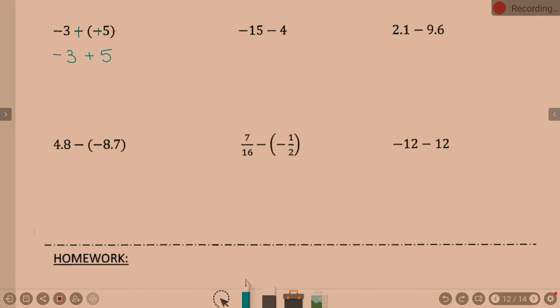Now, if you notice up here, if you're looking at the rules at all, it says keep, change, opposite. Keep the first number the same. Change subtraction to addition. Change the sign of the following number. Then what? Follow the rules for addition. How do we add a negative and a positive?